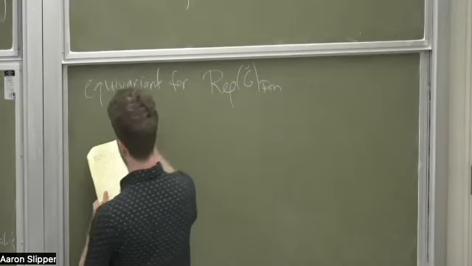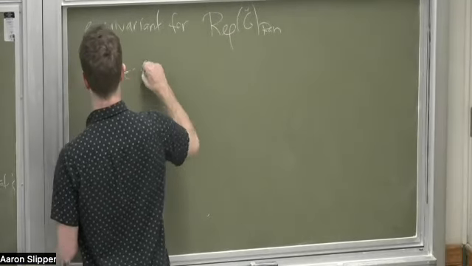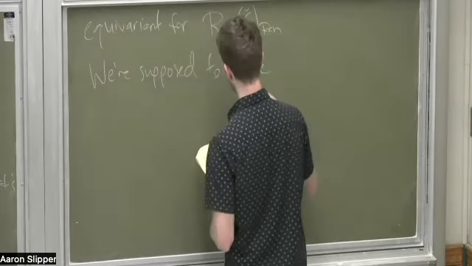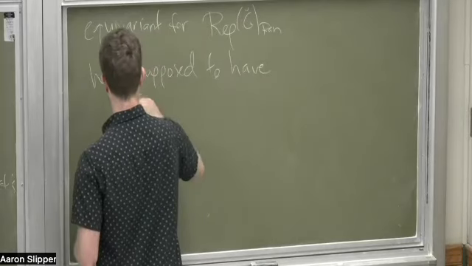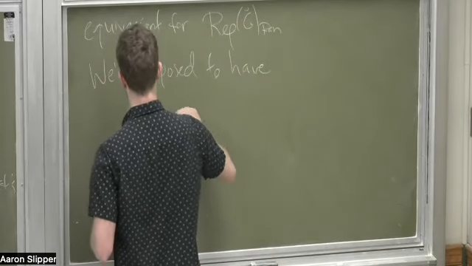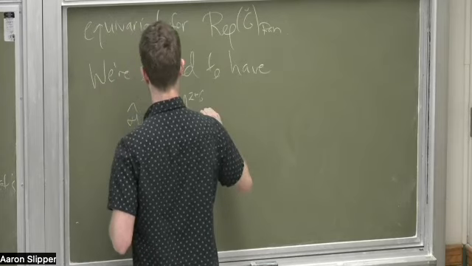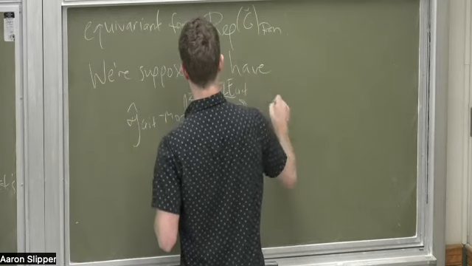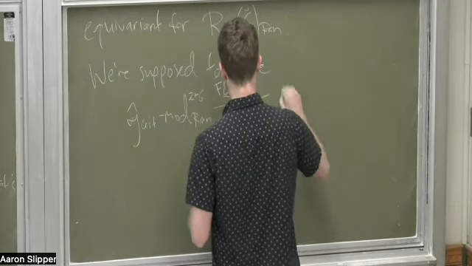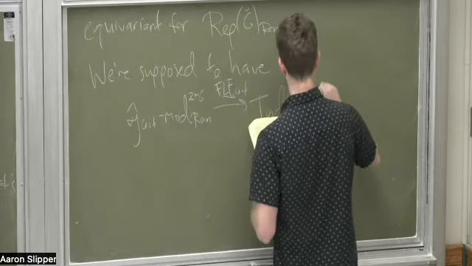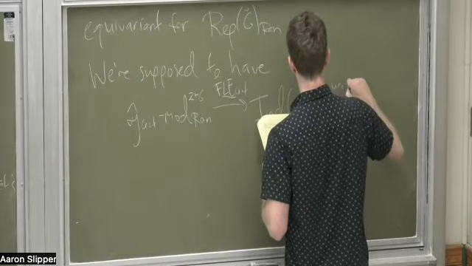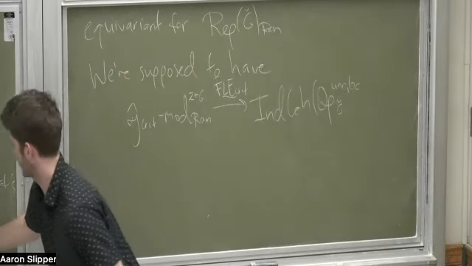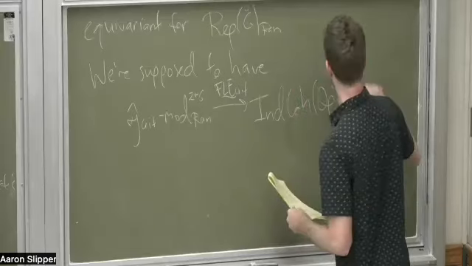And remember what we're supposed to have. A commutative square as follows. So this critical level FLE, let's check. Okay.